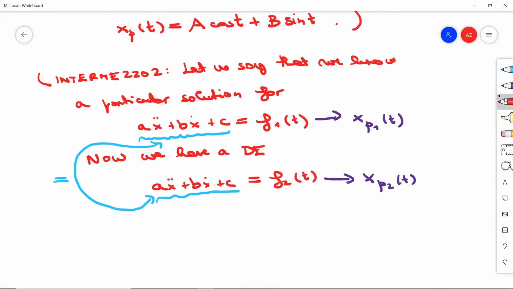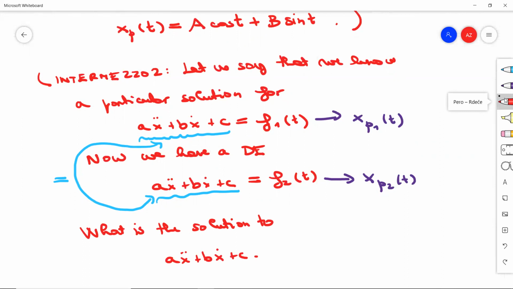So what is then the solution to a x double prime plus b x prime plus c x is equal to f1 of t plus f2 of t? I took again the same left-hand side, but on the right-hand side, I just summed together both non-homogeneous parts.